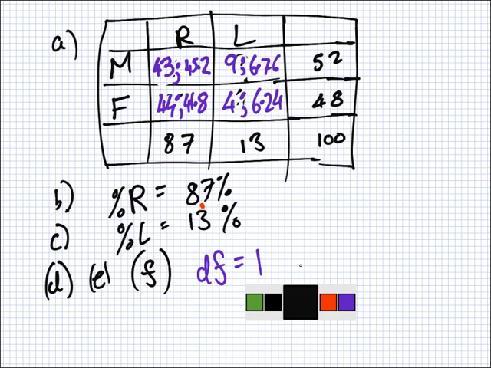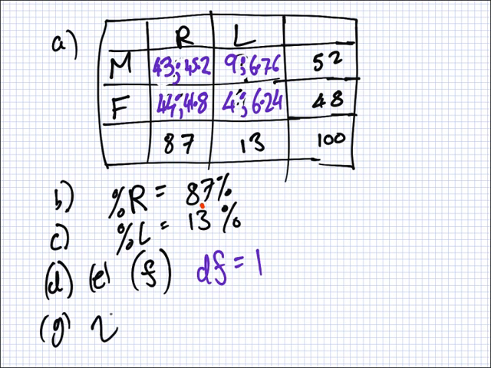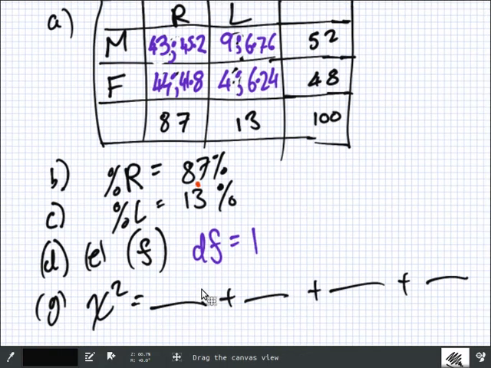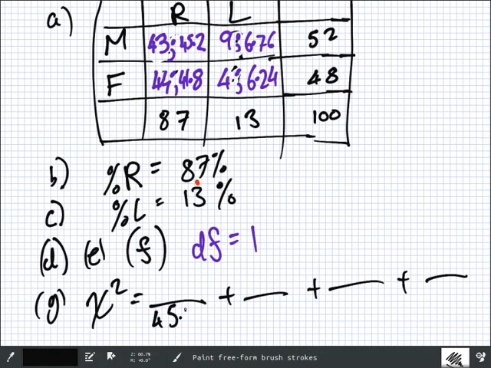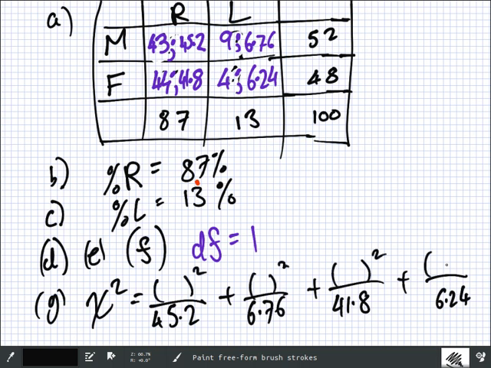Okay, now, what's next? Probably calculating the chi-squared. G. Chi-squared. It's 1, 2, 3, and 4. What goes here? 45.2, 6.76, 41.8, and lastly 6.24. And on the top, you can do it for me. It's the difference squared. So tell me what you get here, please.